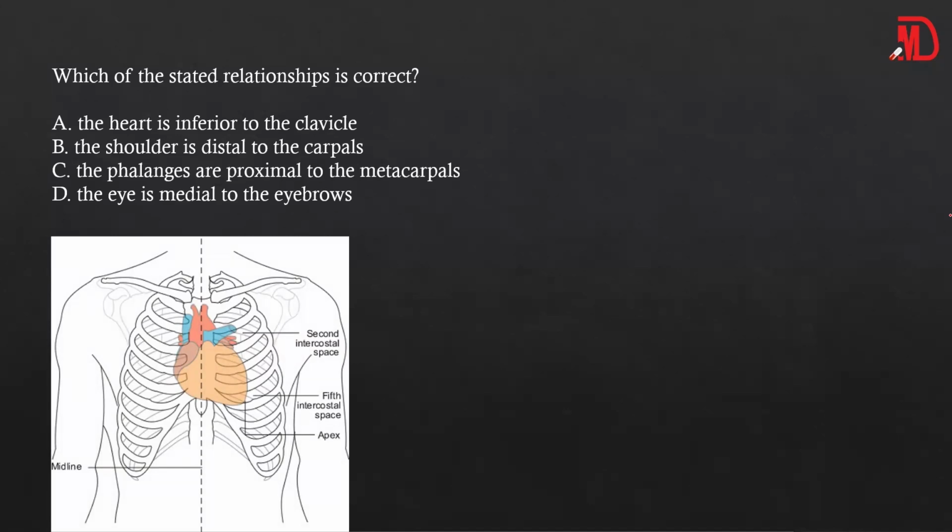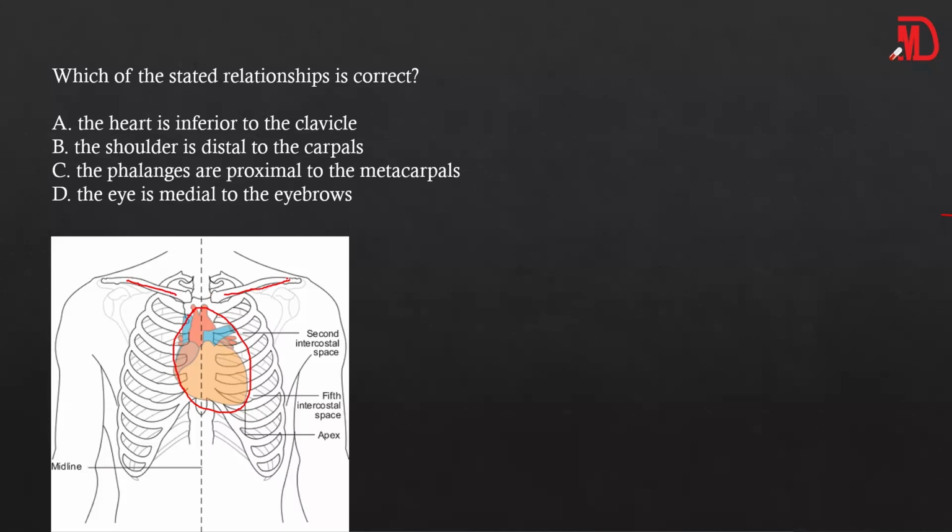Now the clavicle, also known as the collarbone, lies above the heart. This here is the heart. Then this is your clavicle, or these are your clavicles. So you can see the relationship between the clavicle and the heart.